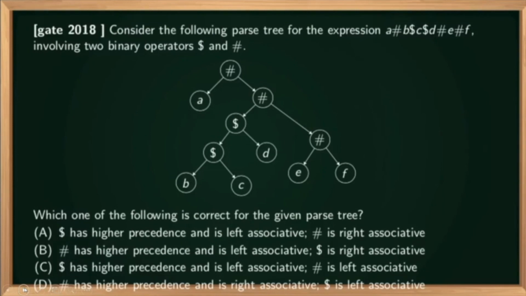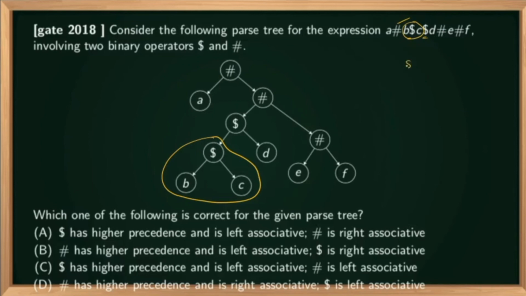So let me explain this once again. So you have an expression here. So you have hash and dollar. So if you see here, okay, actually, first this is what is getting computed, right? So that means dollar has higher precedence than hash, right? Also, you see we have dollar here and dollar here, but we are actually computing B and C first.